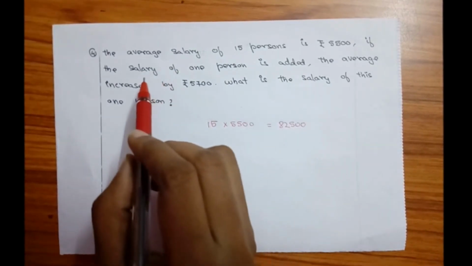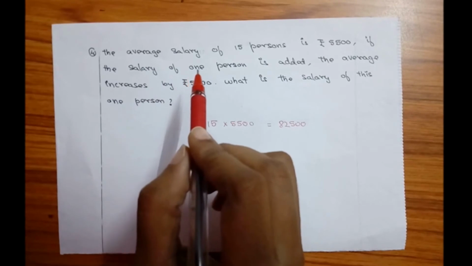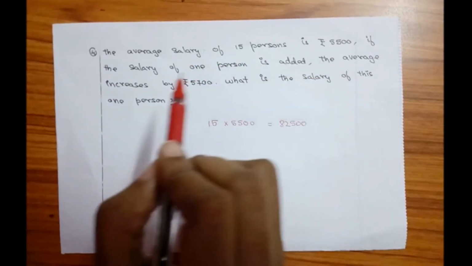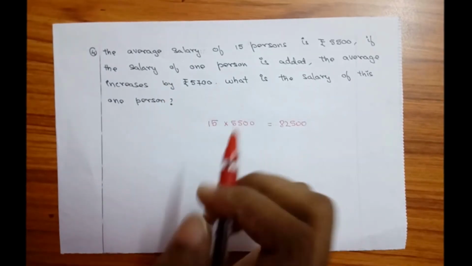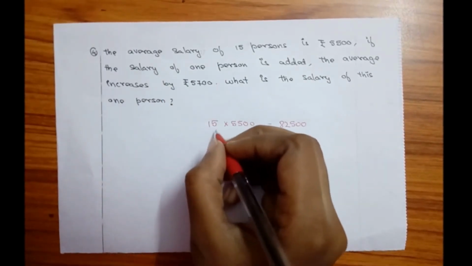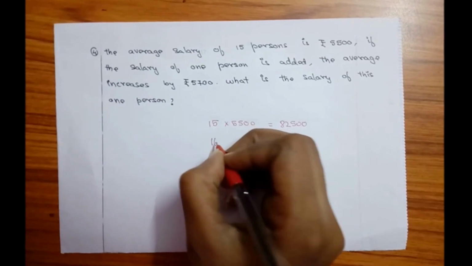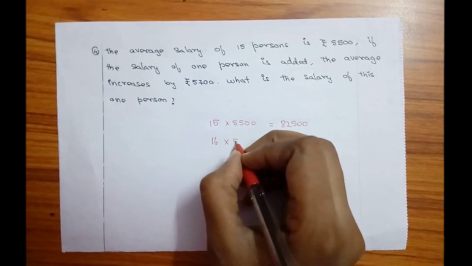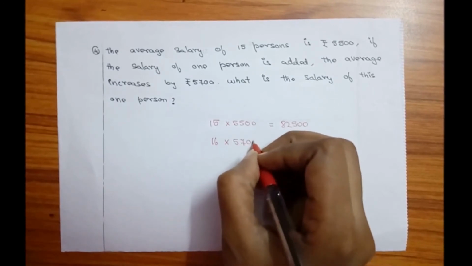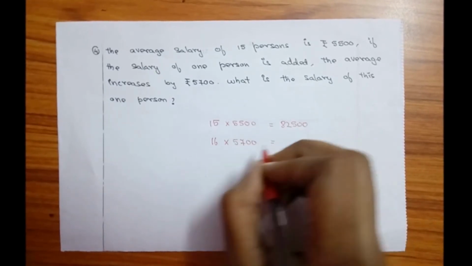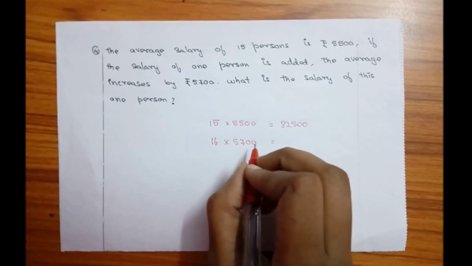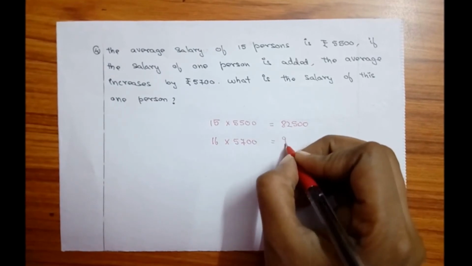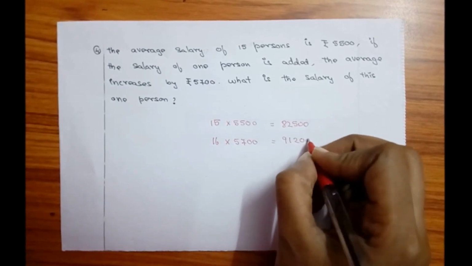Now for the second point, they have said if I add one person's salary, then their average will be 5,700. That is 15 plus 1, which is 16. I added one person and their average salary will be 5,700. If I multiply these two, I'll get the total salary of 16 persons, which is 91,200.